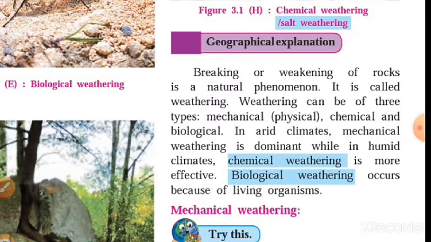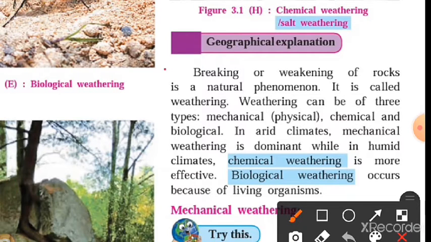They are displayed on the screen of your mobile, and you will be noting them. They are the mechanical, the chemical and the biological processes, which help in weathering the rocks. So we can say that the weathering takes place because of mechanical, chemical, and the third, biological weathering. I expect you to mark this paragraph and note it down.